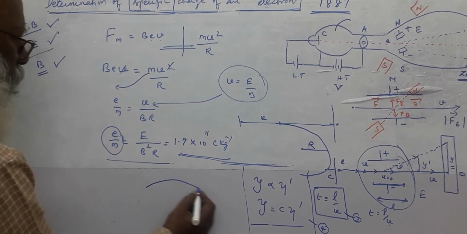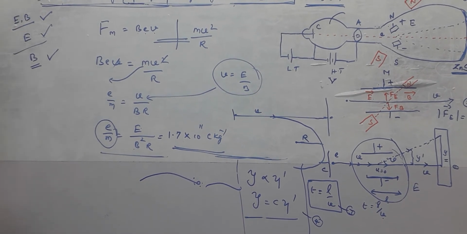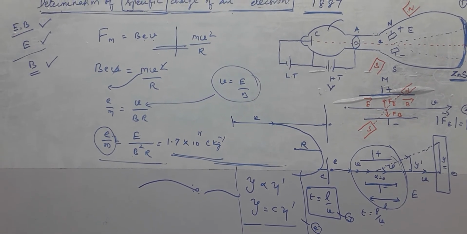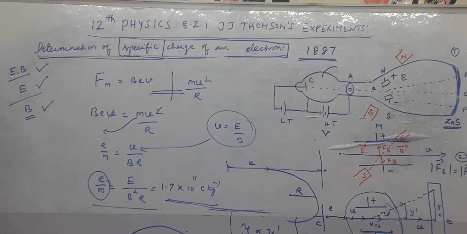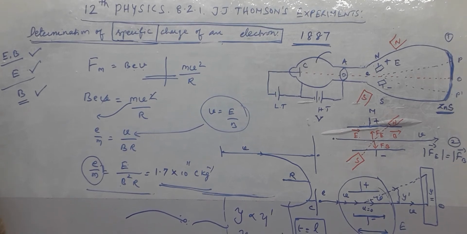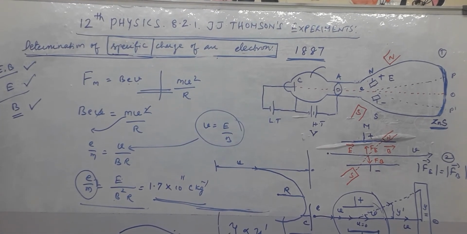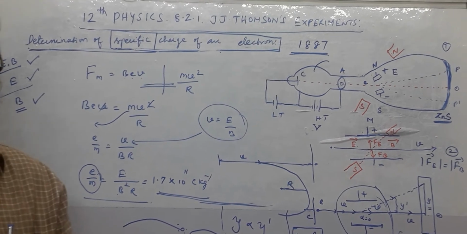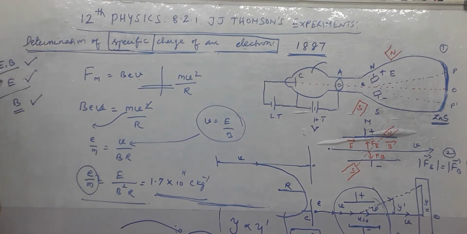This is a very good conclusion explained by JJ Thomson, which is why it is considered a fantastic experiment for determining the specific charge of an electron. I hope you understand each and every step clearly.